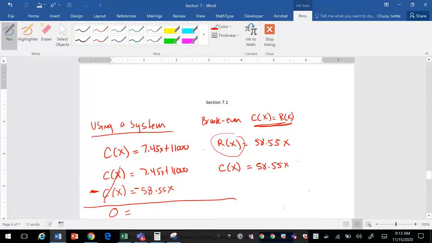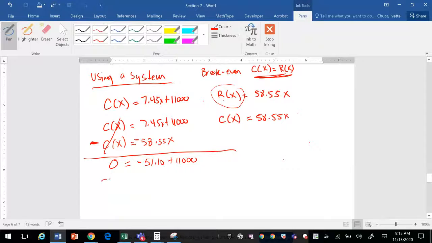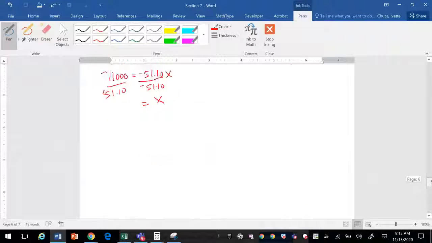And negative 58.55x plus 7.45x is going to be negative 51.10x. That's negative 11,000. And so we get negative 11,000 is equal to negative 51.10x, divided by negative 51.10. So x is equal to 215.